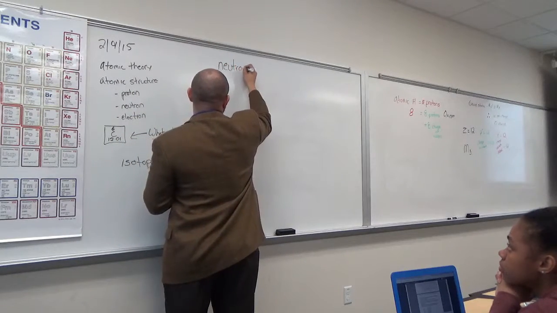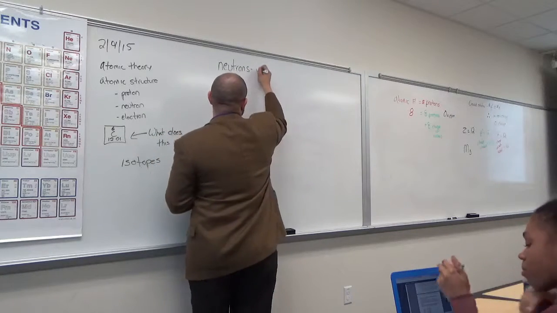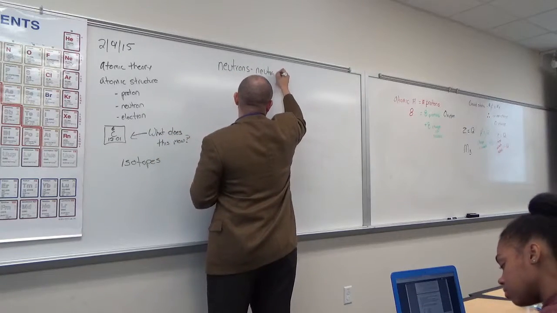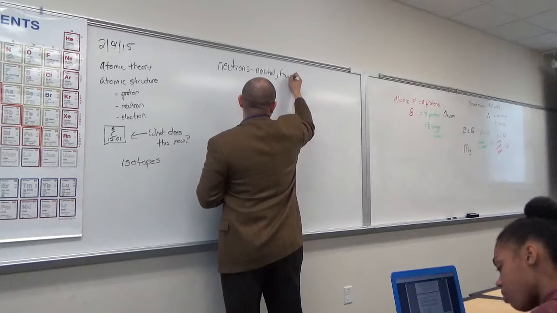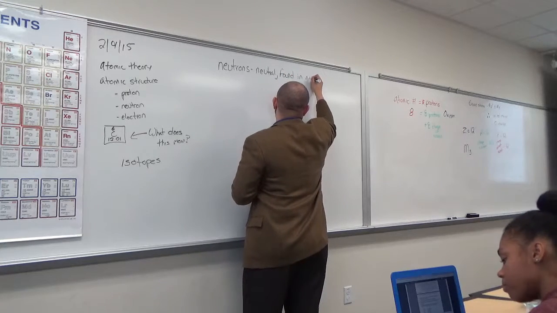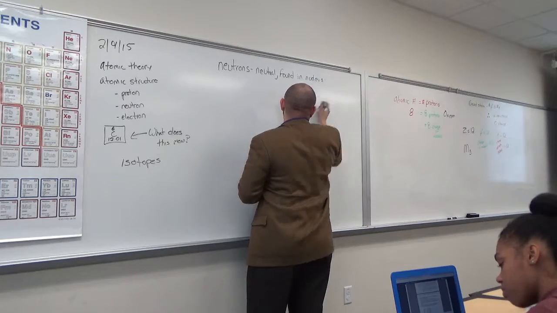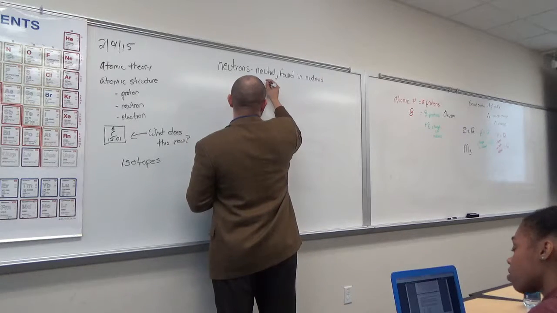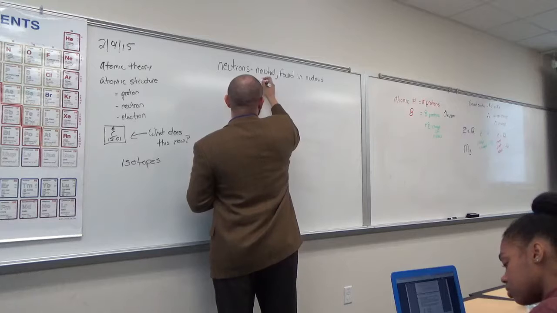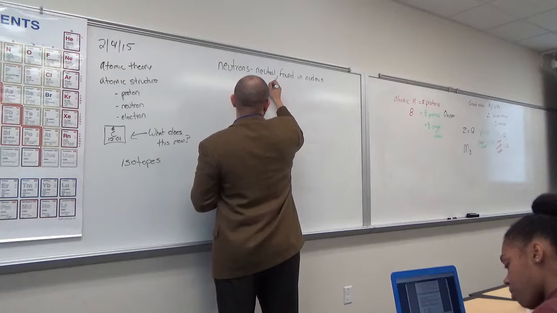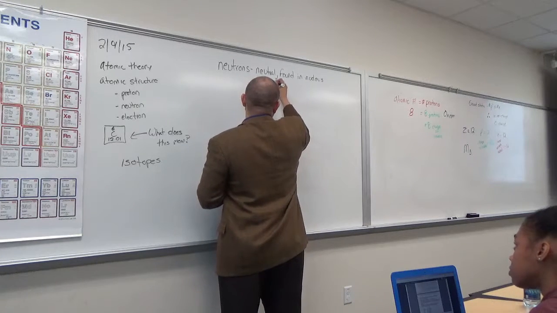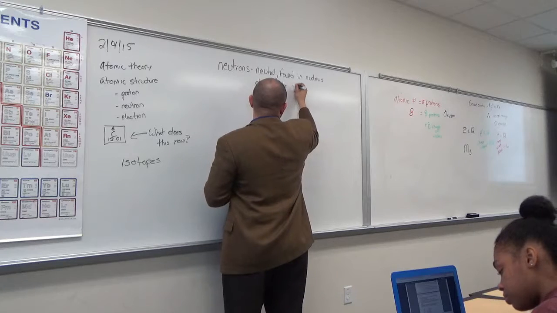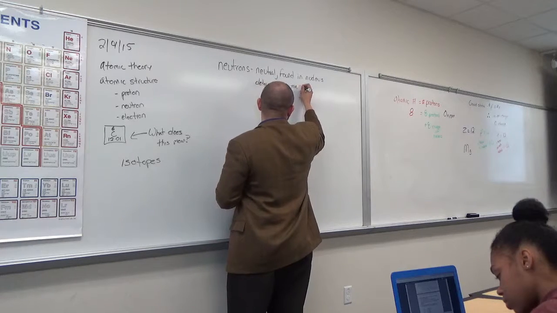Neutrons are neutral, found in the nucleus, and determine the mass number.